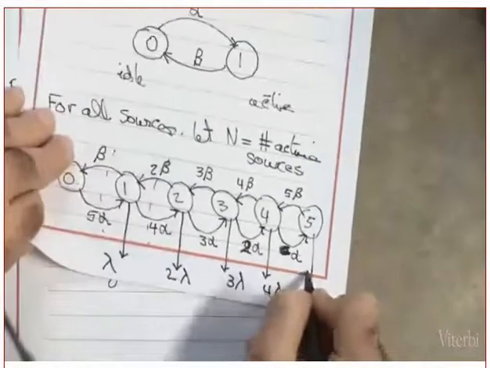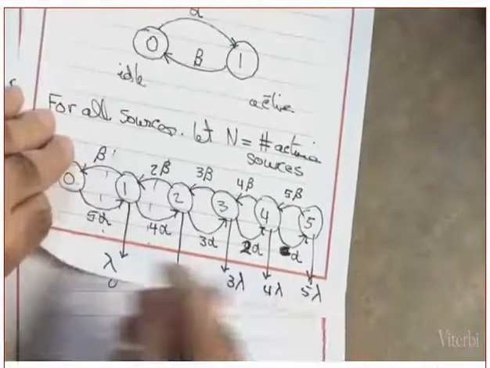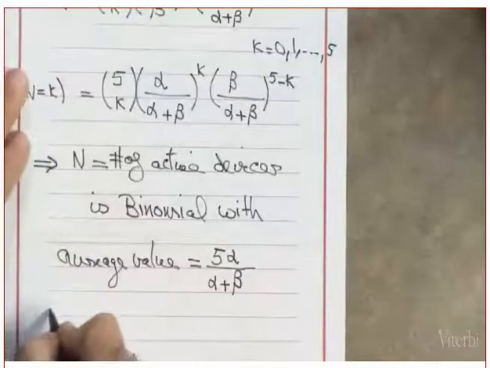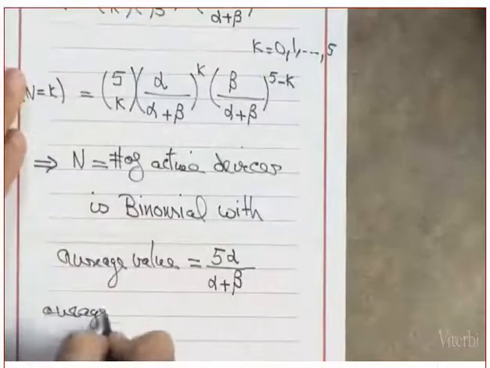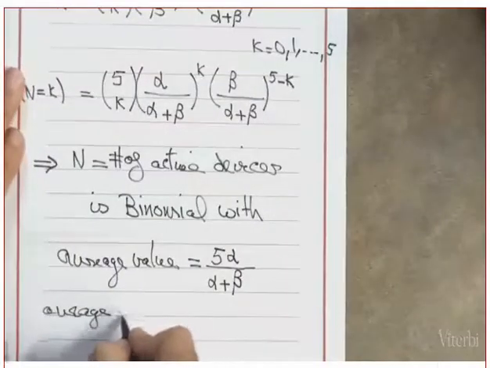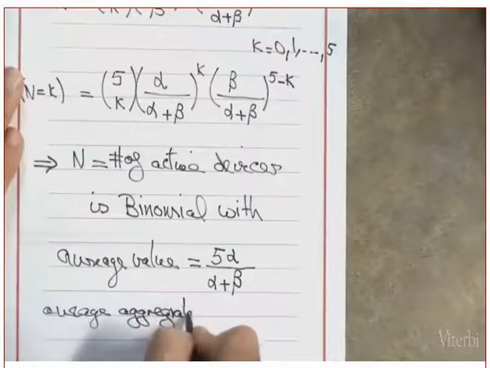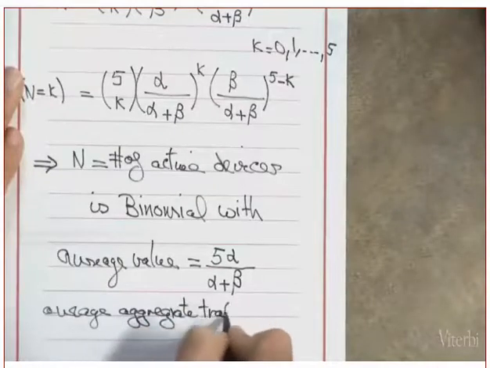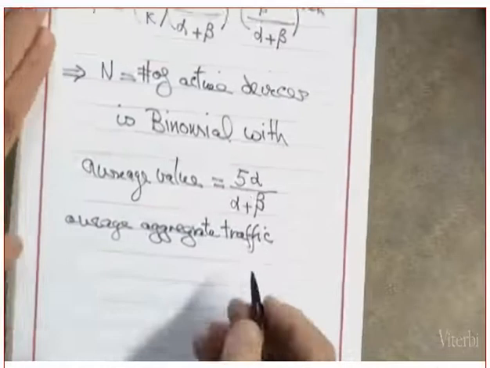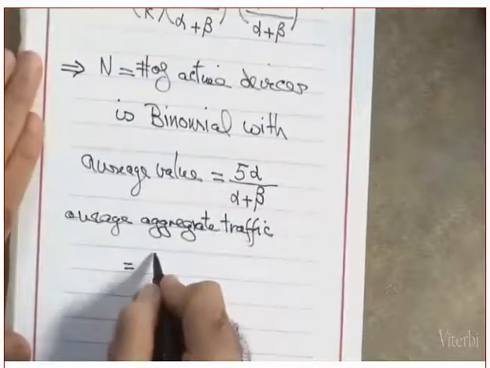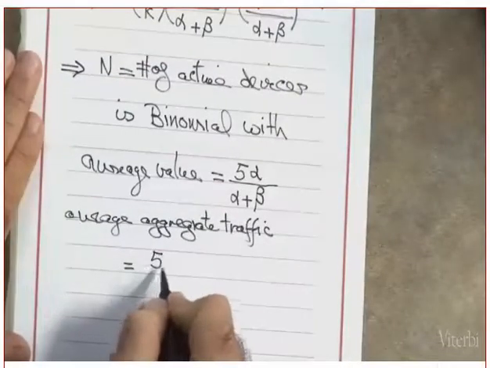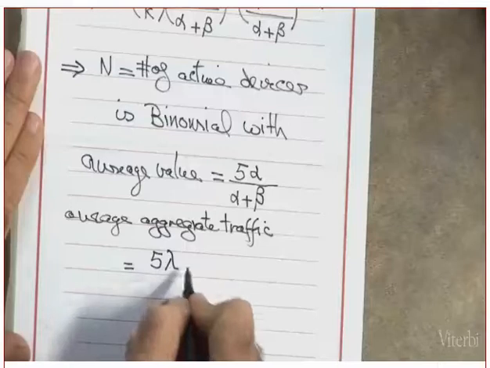What is the average aggregate traffic? What is it? 5 lambda times what?